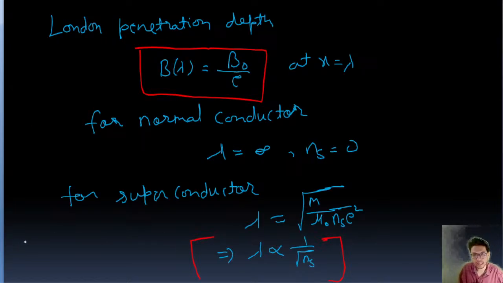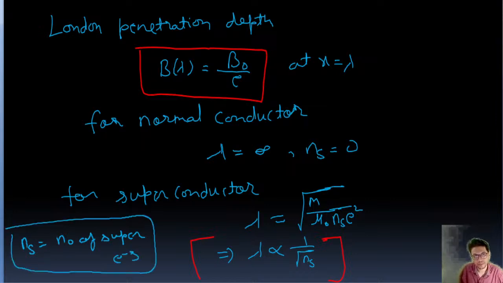Here ns is the number of super electrons, which I have explained in my previous lecture. So lambda is infinite for a normal conductor and lambda is proportional to 1 upon root ns for a superconductor. Important result.